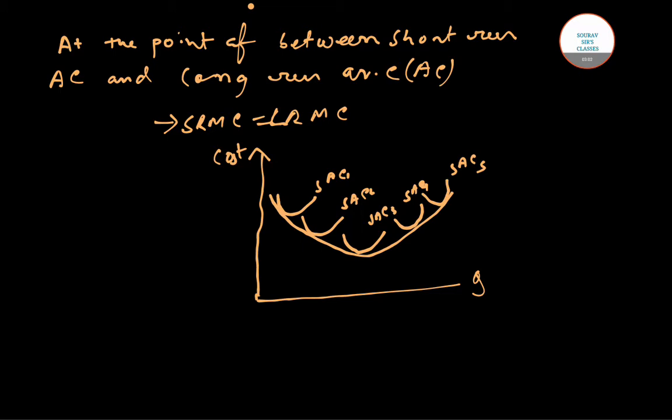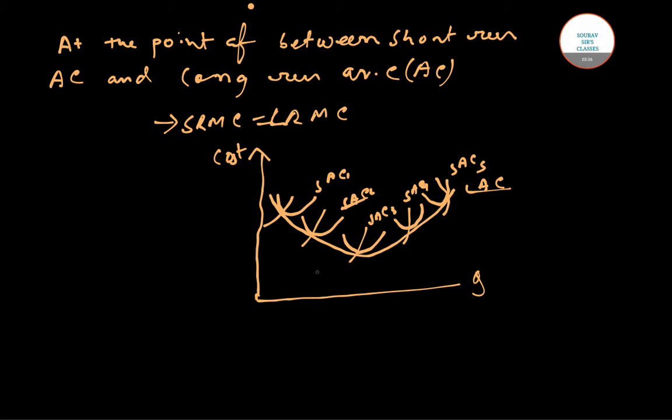Now out of these 5, we will write the long run marginal cost curve, and this is the envelope which envelops all these short run average cost curves. We call this the long run average cost curve. Now there are various short run marginal cost curves, which go like this, tangential to the short run average cost curves.